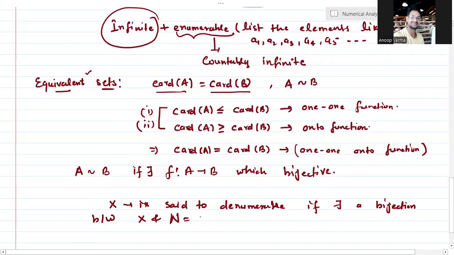We know that the set of natural numbers is 1, 2, 3, and so on, so this is a denumerable set already.